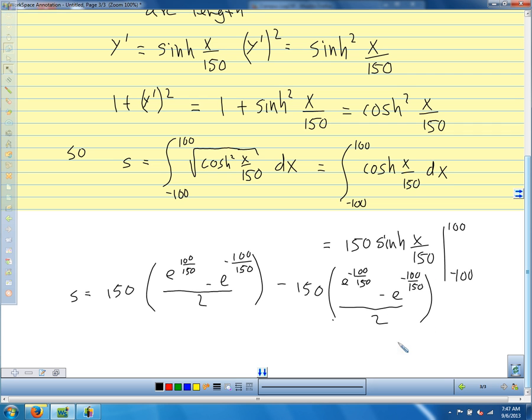And I can plug that into my calculator now, and I get that this is approximately 215 feet.